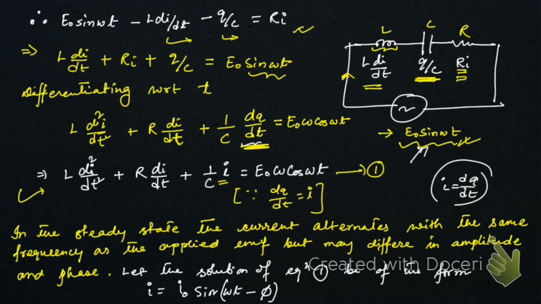Then let me go to the next slide. So here, I naught and phi are constants to be determined. So here we are to determine these two.